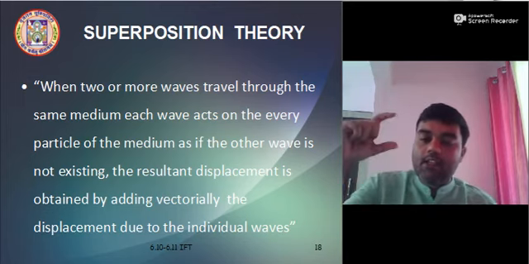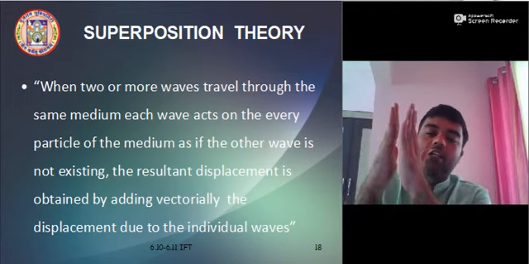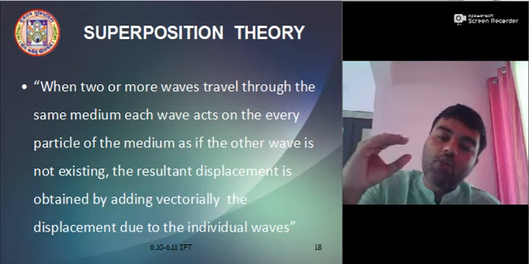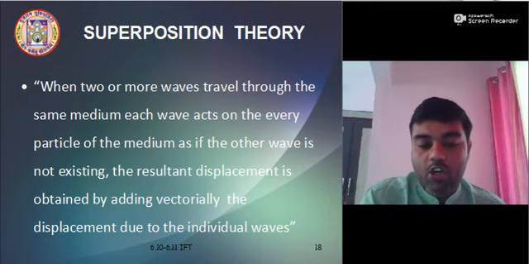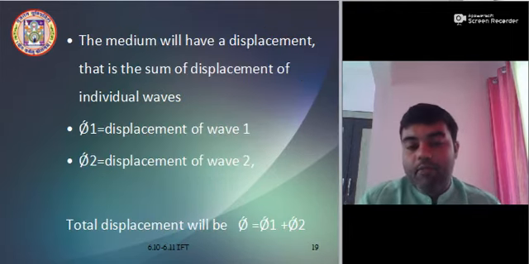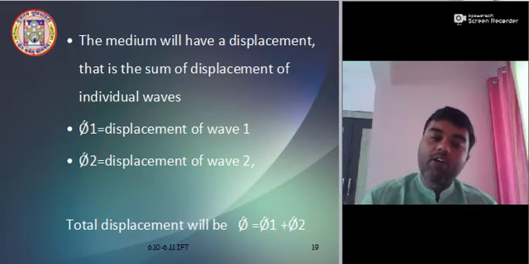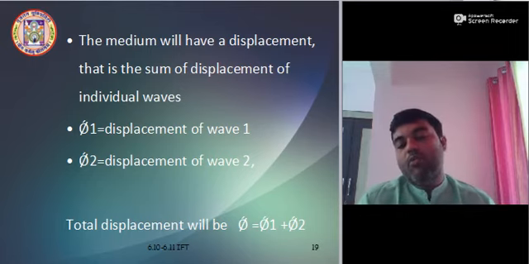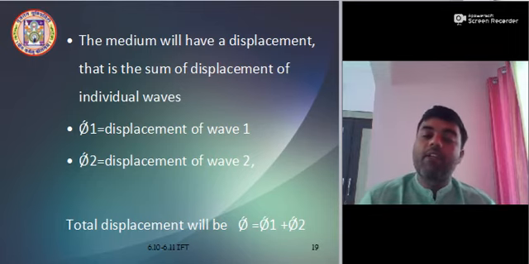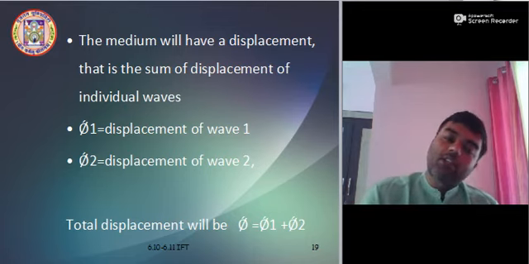The resultant displacement is obtained by adding vectorially the displacement due to the individual waves. That is, displacement of wave 1 plus displacement of wave 2, so the total is equal to theta 1 plus theta 2.